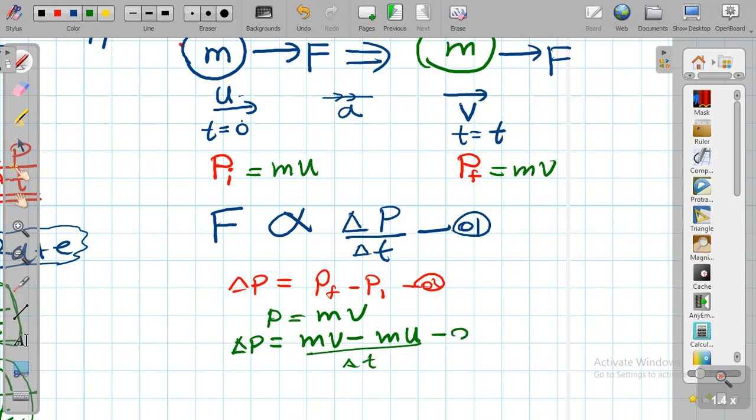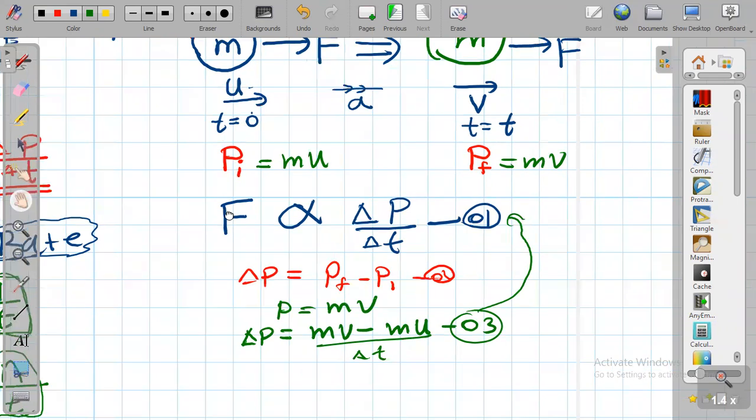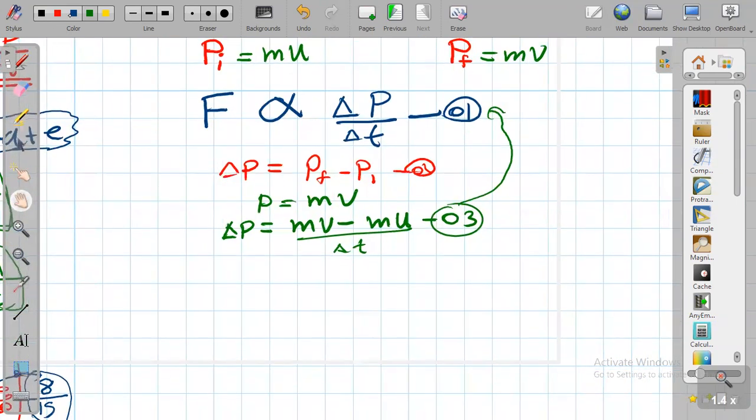Equation number 3. Now I'm going to plug equation number 3 into 1 and see how the result changes. Now force is still directly proportional to mv minus mu over time delta t.